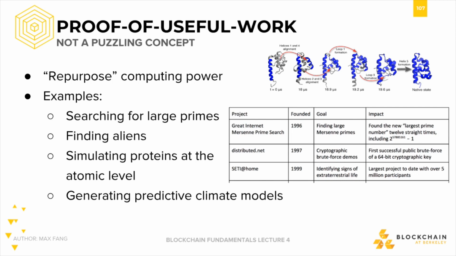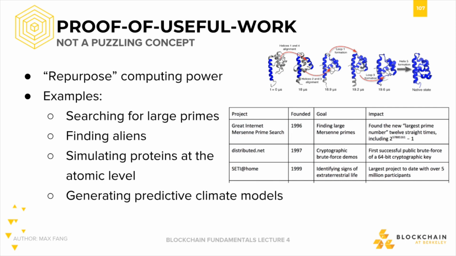We'll call it proof of useful work, and we'll have people solve interesting problems, like searching for large primes, which is a very difficult problem, finding aliens, which requires a lot of computational power because you're processing a lot of information, simulating proteins at an atomic level, and generating predictive climate models. These are all things that humans haven't really figured out how to do yet, so we just brute force them.